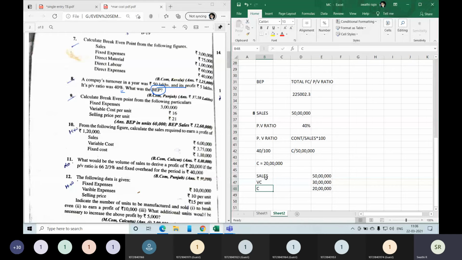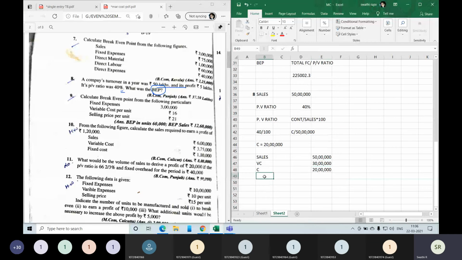How do I actually get contribution? It is sales minus variable cost. So if sales is 50 and contribution is 20, my variable cost is automatically 30 lakhs. It is not asked in the question, no need to do, but still.